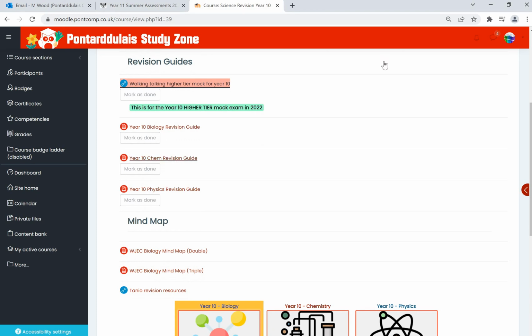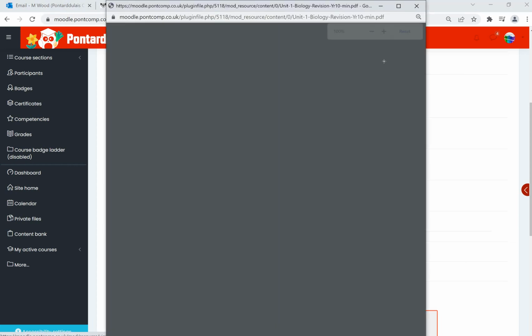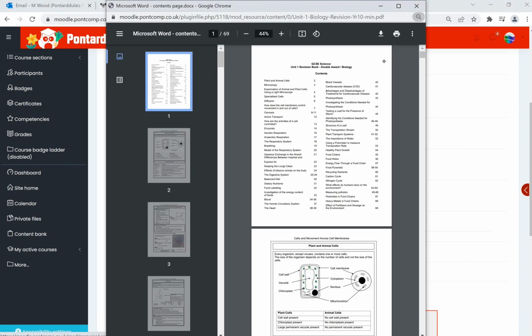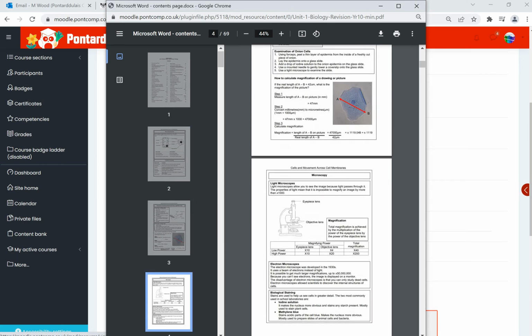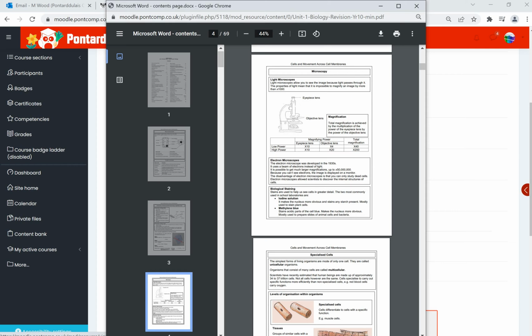Underneath, the 3 revision guides here are for biology, chemistry and physics. Each one is from the Bangor revision guides. This one, for example, is 69 pages long, so I don't suggest that you print it out, but it is a free resource. It's a free textbook going over revision of everything that you will need to know for the examination.